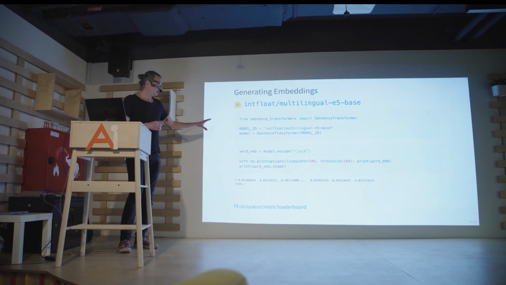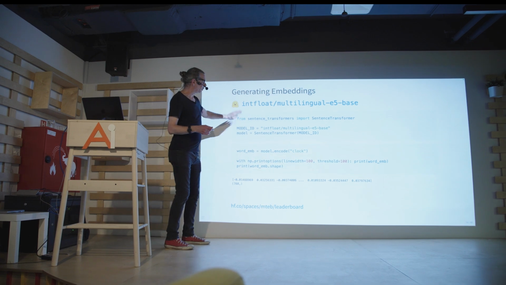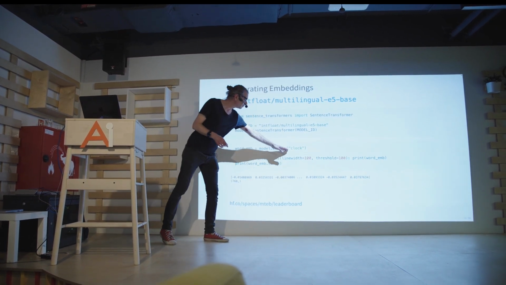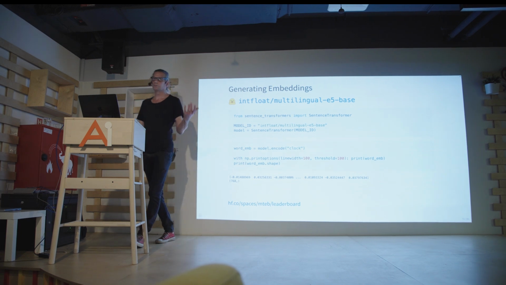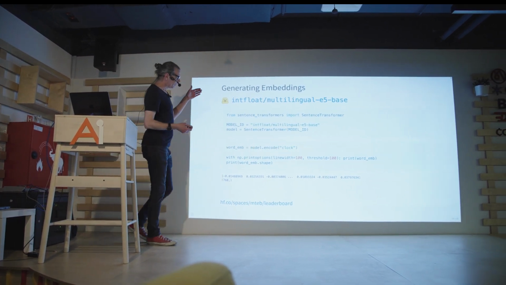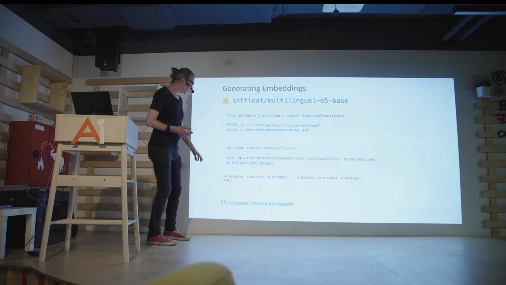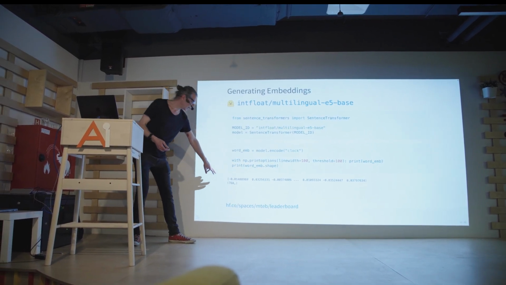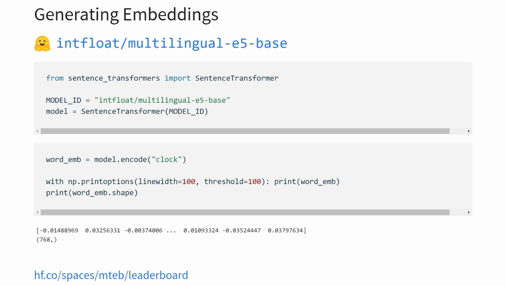It has a really nice API, so you just import that package, initialize the model, and then run the encode method for a word, sentence, or something like that. So the vector embedding for the word clock is just a list of numbers, and it's 768 numbers.